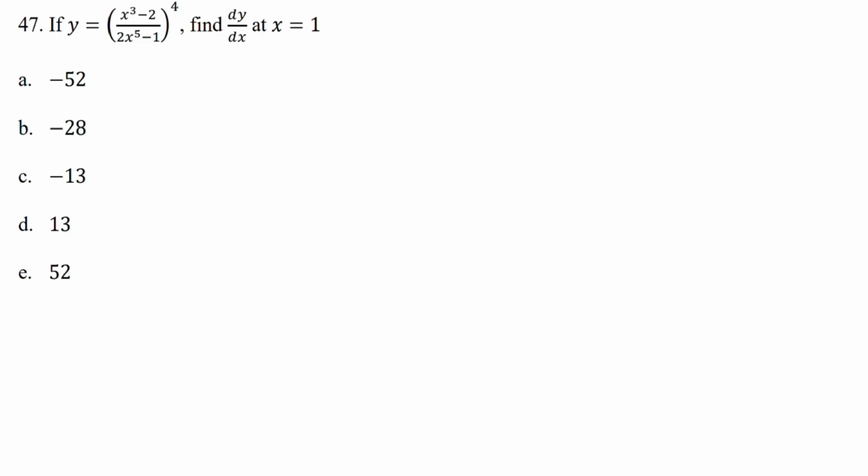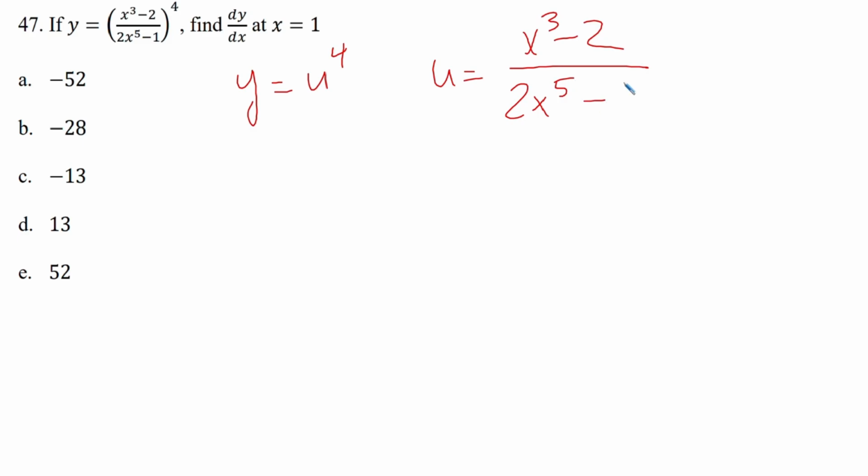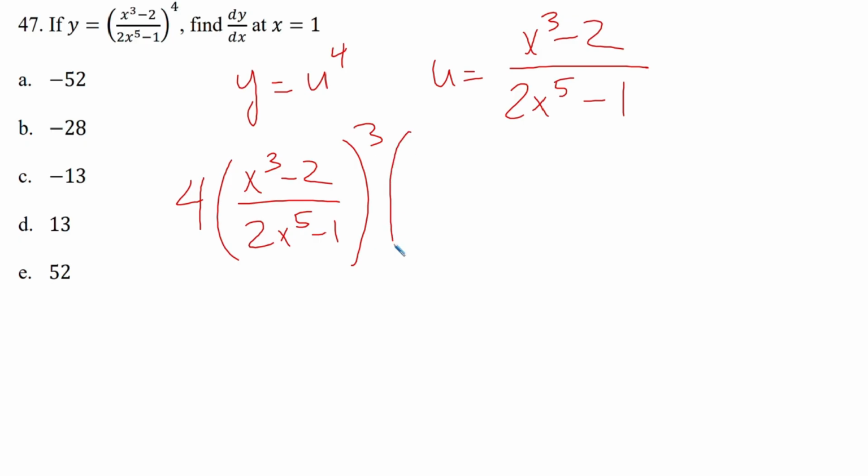All right, so for our last one here, we are looking at y equals u to the fourth, where u is equal to x cubed minus 2 over 2x to the fifth minus 1. So we start off with the 4u cubed, and then we multiply by the derivative of u using the quotient rule.